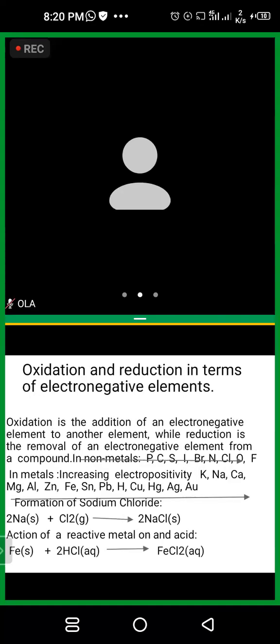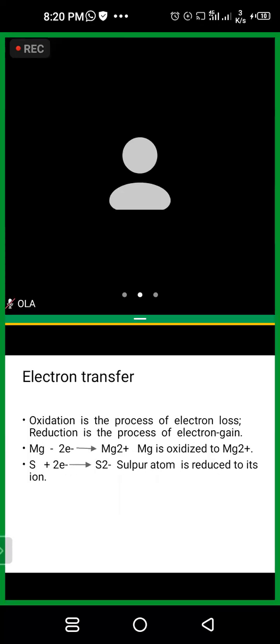For oxidation and reduction based on electronegative elements, where there is an addition of an electronegative element to another element, there has been oxidation. But where there is removal of an electronegative element, there is reduction. For electron transfer, where there's electron loss, that substance has been oxidized.